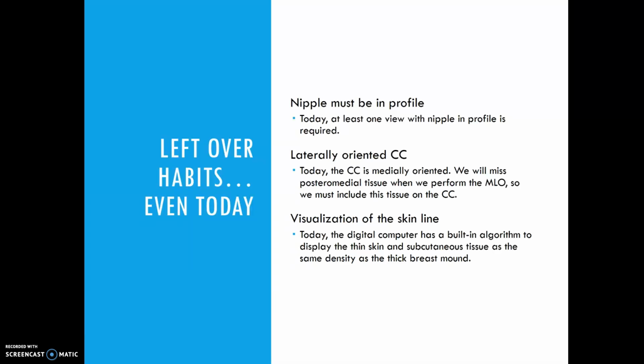So what happened is we understood that where you're really interested in looking is in the fibrous tissue of the breast. And if a physician really wanted to look at that skin line, he could hot light it and look at it. And usually if there's something going on with the woman's skin line, you're going to be able to see that clinically. So we gave that up.